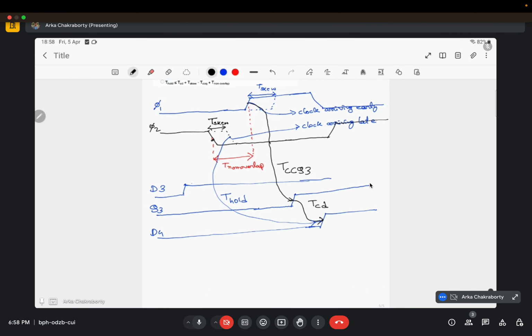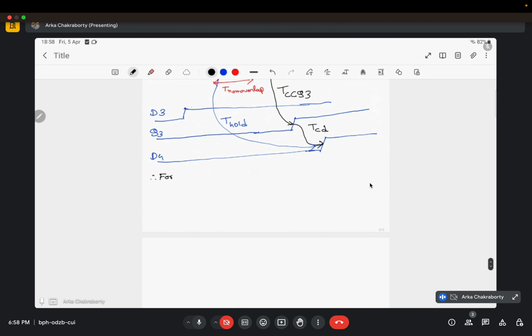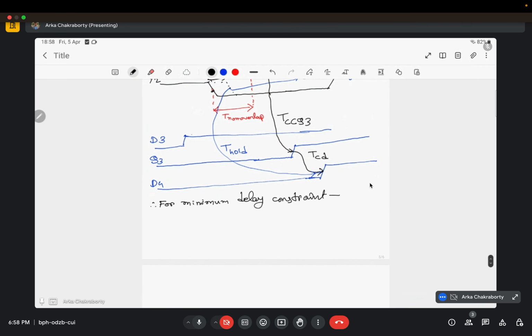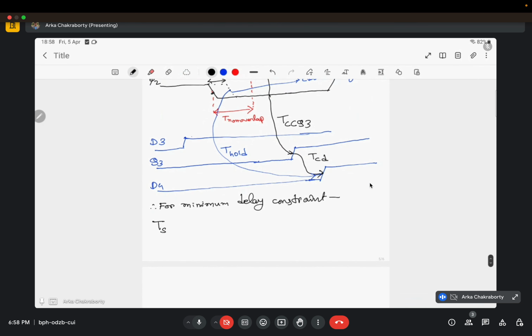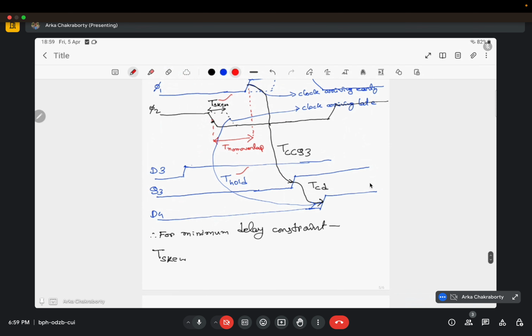Therefore for minimum delay constraint, you can see my T skew plus T skew, that is this T skew plus T hold should be less than equal to what all are present.